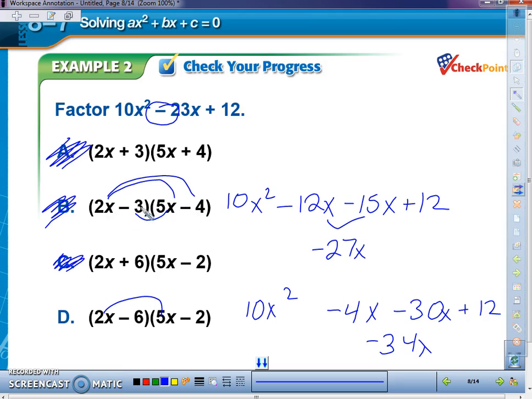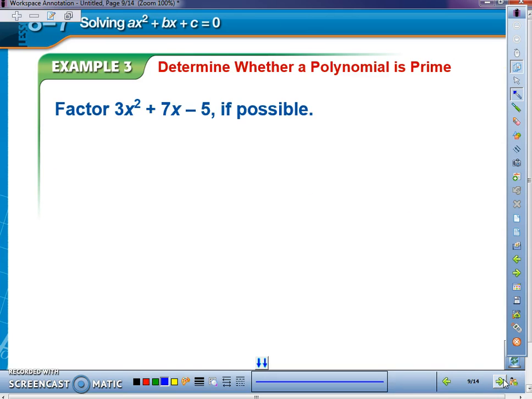Let's see. 2x times negative 4 is negative 8x. See, man, I need to go back home. All right, here we go, negative 23. So yes, B is the answer. I've made more mistakes in this video than any other. Sorry about that, guys.